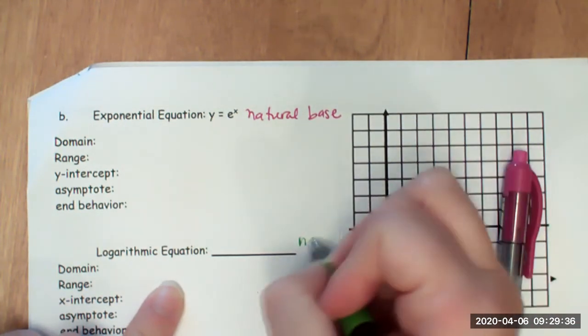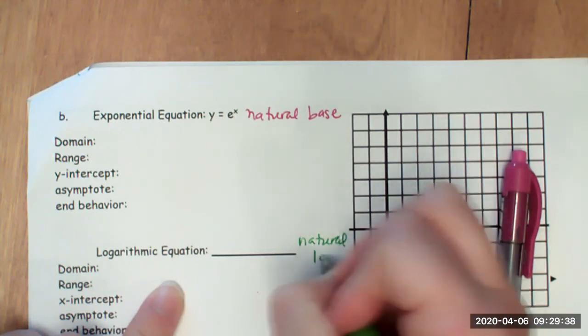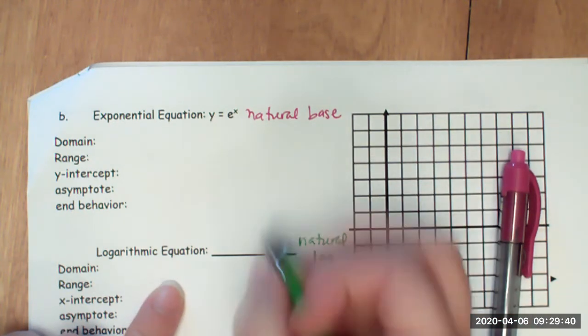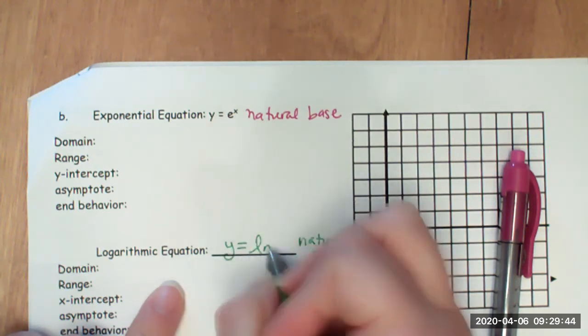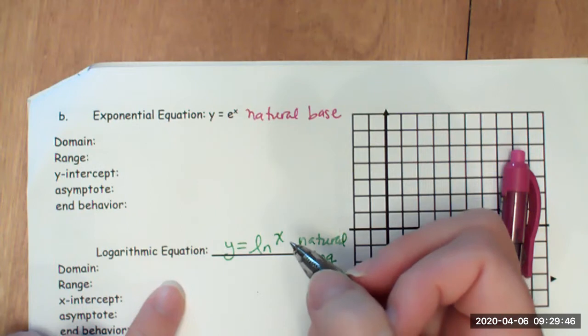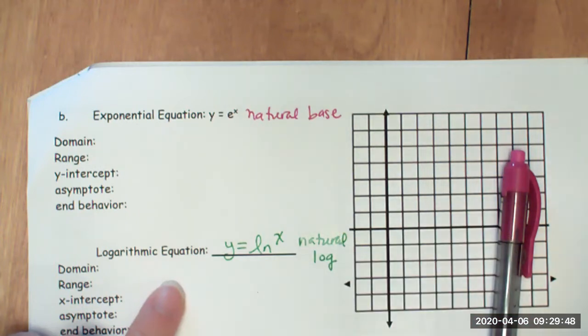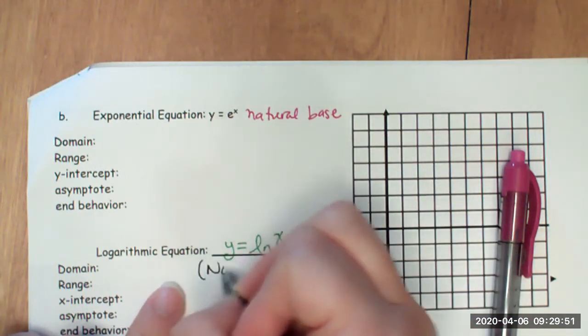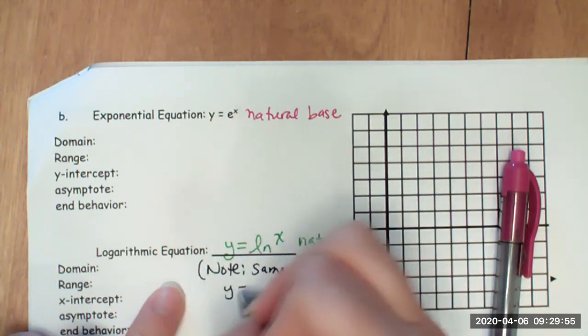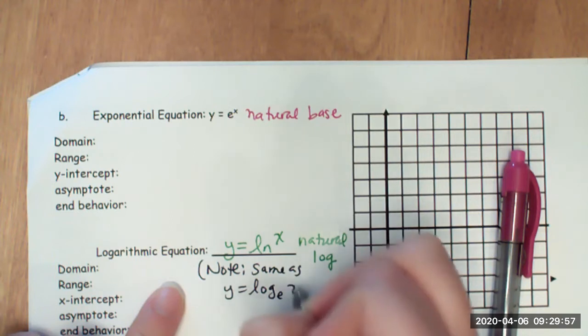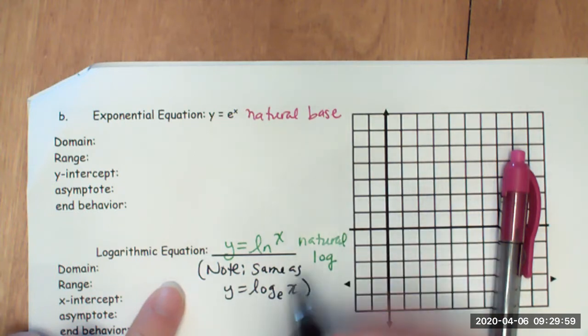So this is natural log, and this is going to be y equals natural log of x. And remember how we get that, right? You want to note this is the same as y equals log base e of x. It's just typically we write natural log.